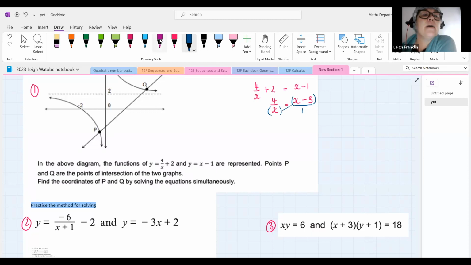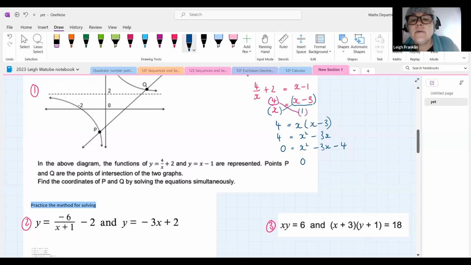So the best thing for us to do now is cross multiply. We're going to multiply the 1 and the 4 together and the x with the x minus 3. So 4 times 1 leaves us with 4. And on the other side, we've got x times x minus 3. This gives us x squared minus 3x. Getting it into standard form, we would have ended up with x squared minus 3x minus 4.